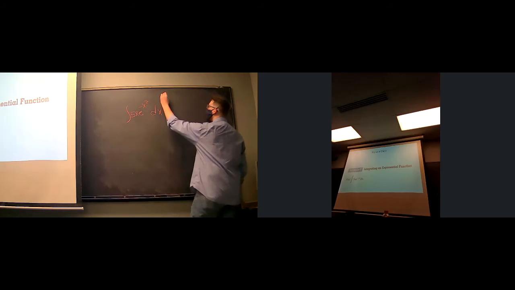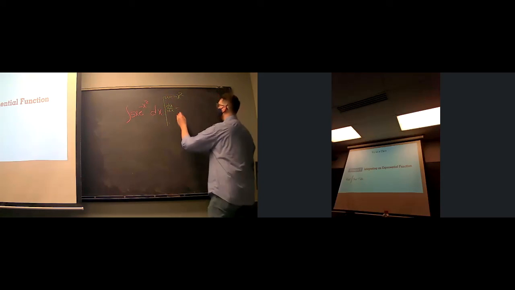Let's set u equal to negative x squared. Then du dx, taking the derivative, you get negative 2x.